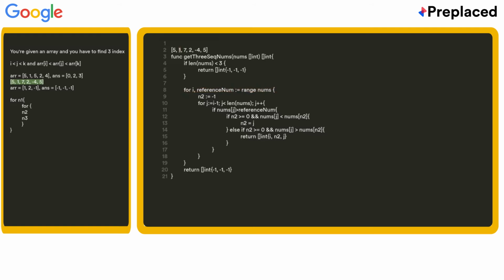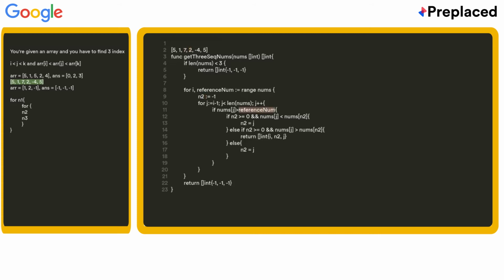In this case, it will immediately select 7 since it is greater than 1, and n2 being minus 1, it will come here and assign the index of 7, that is 2, to n2, and next it will receive 2.